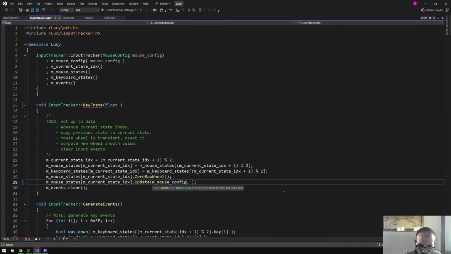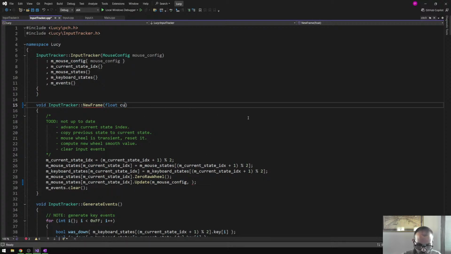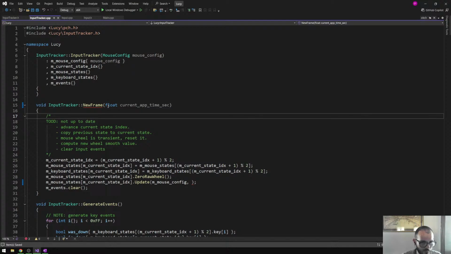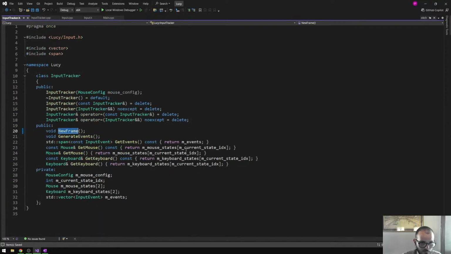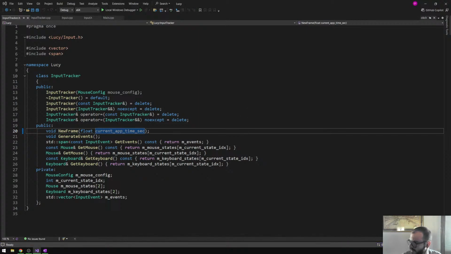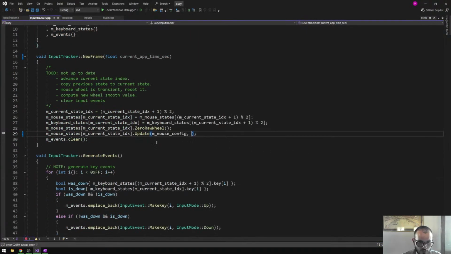This is the current uptime in seconds. Pass the new frame. Okay, so we did a refactor, this little trick. Something went wrong. Oh, obviously, current uptime in seconds. What do we need here? The current uptime in seconds. We compile and everything.